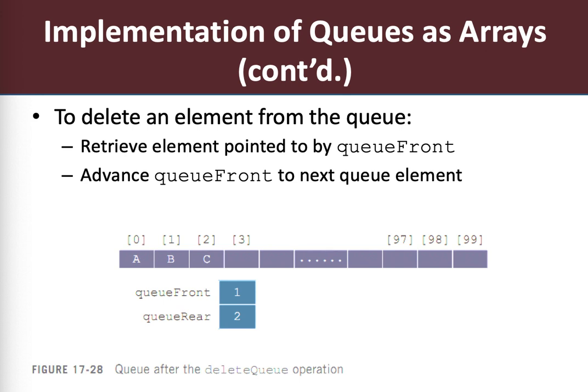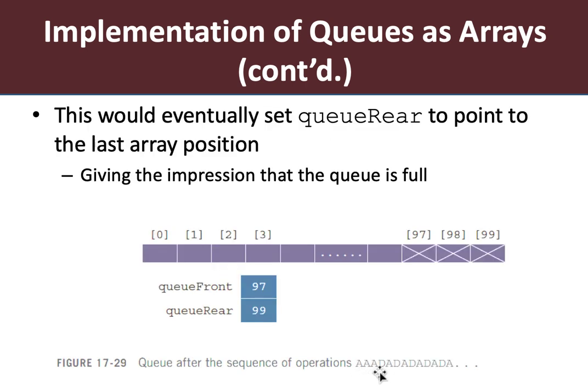Suppose A stands for adding, that is add queue, an element to the queue, and D stands for deleting, that is delete queue, an element from the queue. Now, let's consider a sequence as this: AAA, DA, DA, DA, DA, and DA.